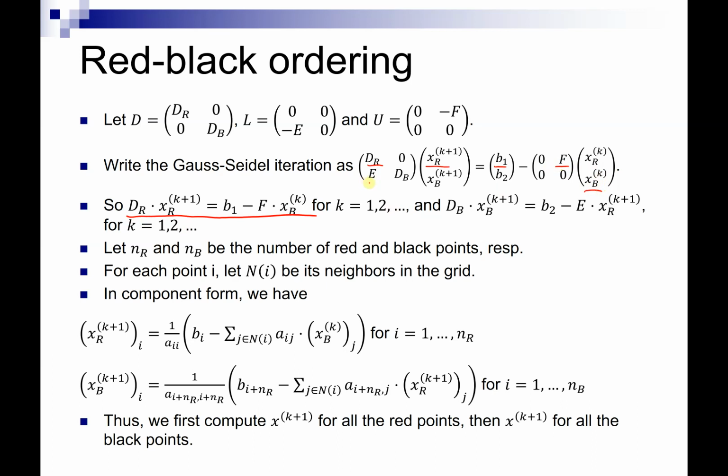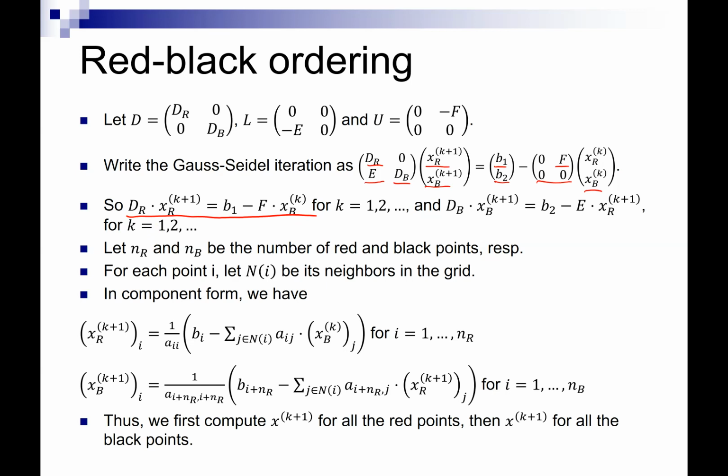So here, if you multiply the second row, you have E times x_r of k plus 1, plus D times the black points for iteration k plus 1 equals this b2 here minus, well, nothing. Okay, so if you rearrange this, you get this expression over here. Okay, and so this holds for all the k, right?